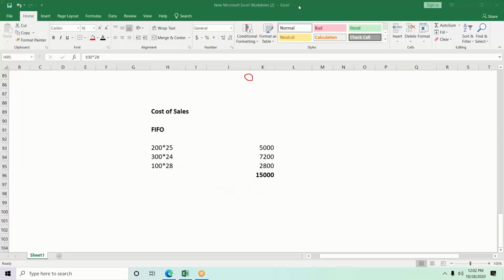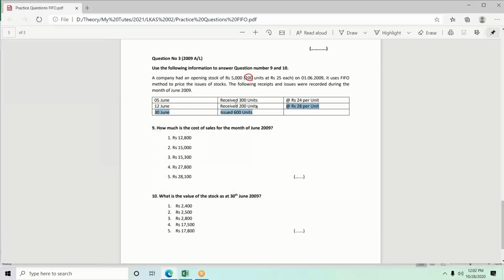Okay. Then you wanted to calculate the closing stock, right? How are we going to calculate it? If you study this calculation properly, when you are issuing the 600, this opening stock has already been issued. Cost of sales is 15,000. The opening stock has been issued, this 300 also has been issued, and out of this 200, 100 has been issued.